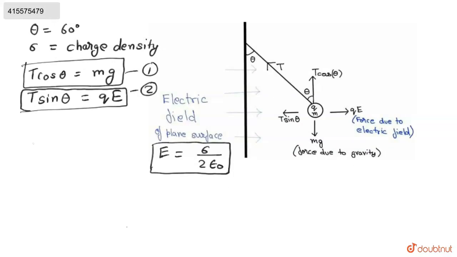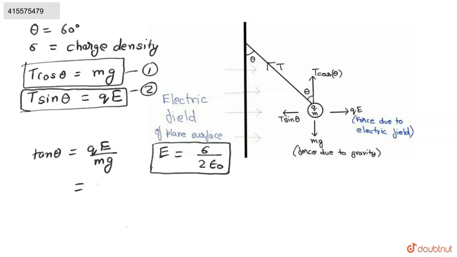Now we will divide these two equations to find sigma. So let us divide the second equation by the first, then we will get tan theta equals QE by mg.